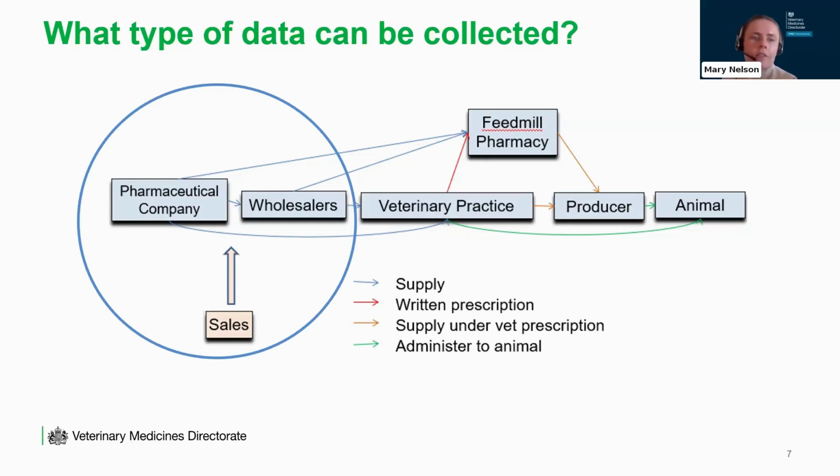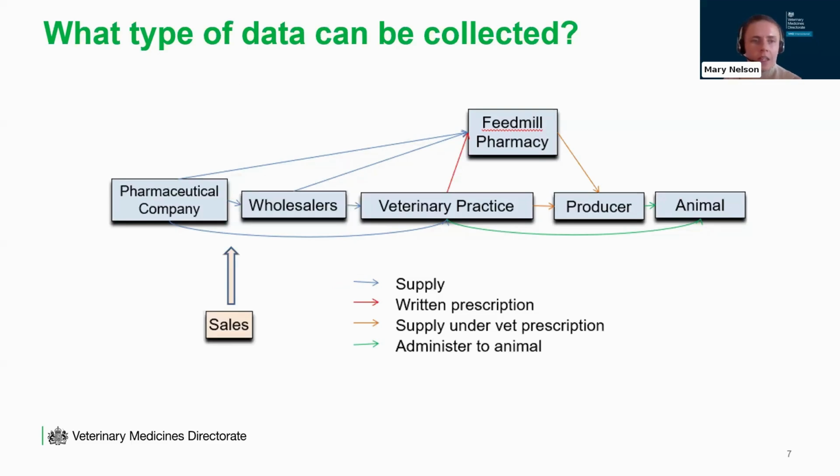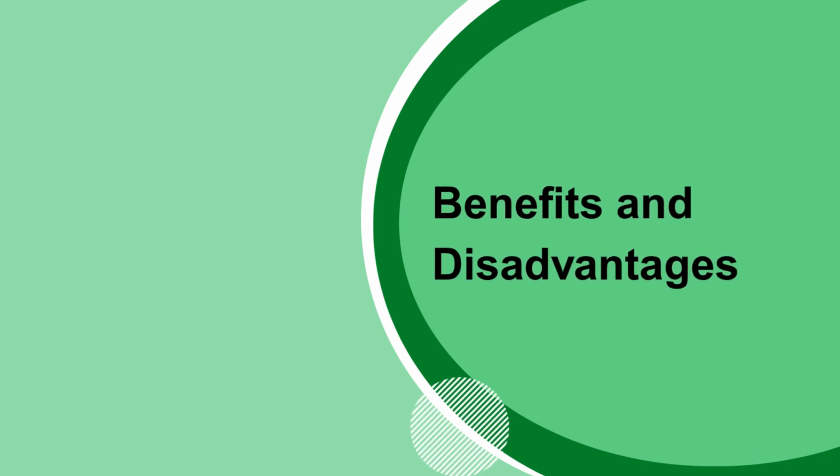Then we have usage data on farm, from the producer and animal at the end. Import data can be used in replacement of sales data, and prescription data can come from the vet practice, the feed mill pharmacy, or the producer.